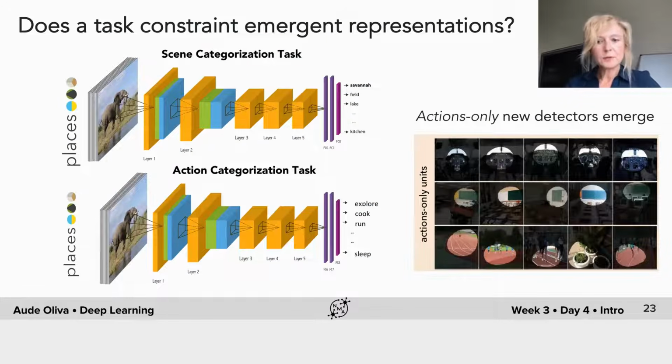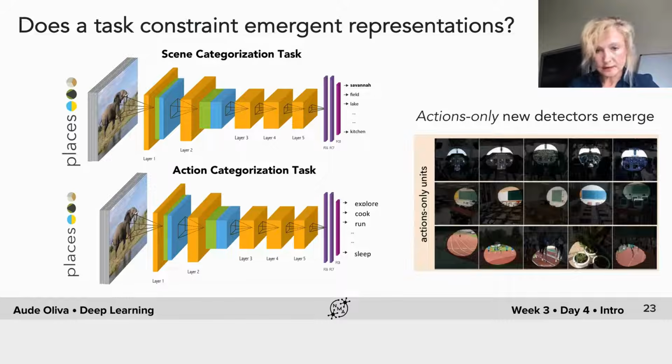A similar experiment can be done by training the same network with the same dataset, but to solve different tasks. Here, a network was trained to solve scene categorization, and another AlexNet using the same images was trained to solve action categorization tasks. And as an illustration, I show the unit responses that emerge when training on the action task.